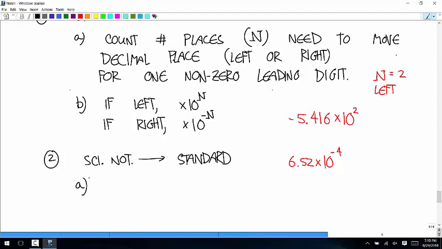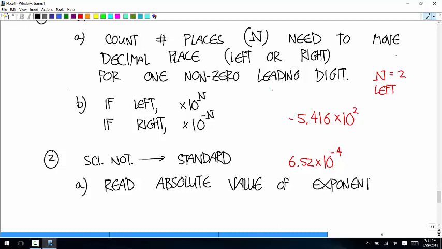And so the first step is to take the absolute value of the exponent, that's what we're going to call n, and the sign of the exponent.